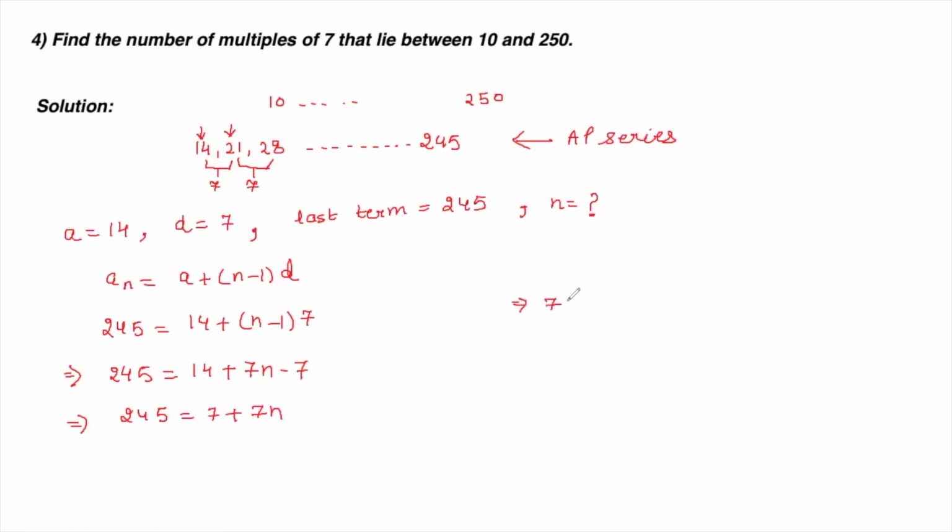So 7n = 245 - 7, 7n = 238. And when I solve it, I get the value of n as 34. Therefore, I can say 34 terms, or 34 multiples of 7, are present between 10 and 250. I hope this question is clear to you all. Now let's see the next question.